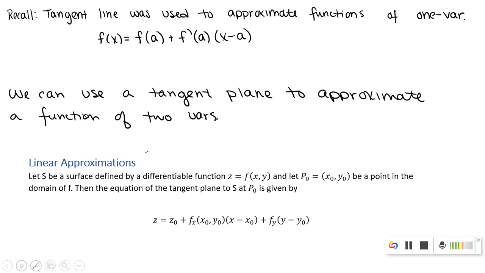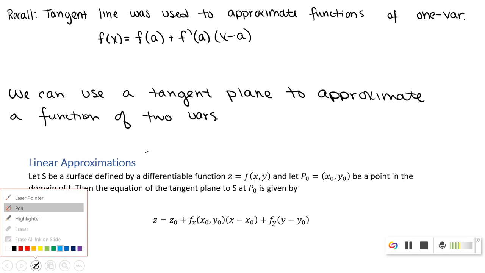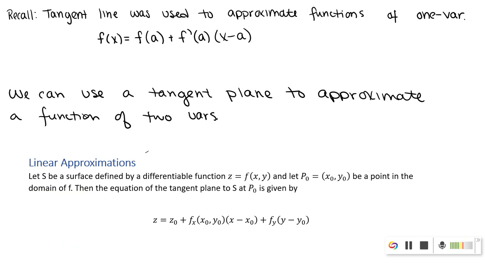And so on the screen right now, I have my equation of my tangent plane written in a slightly different form, although it's the same equation we learned before. I have it written in this form just to be consistent with our book, but also to make a comparison.